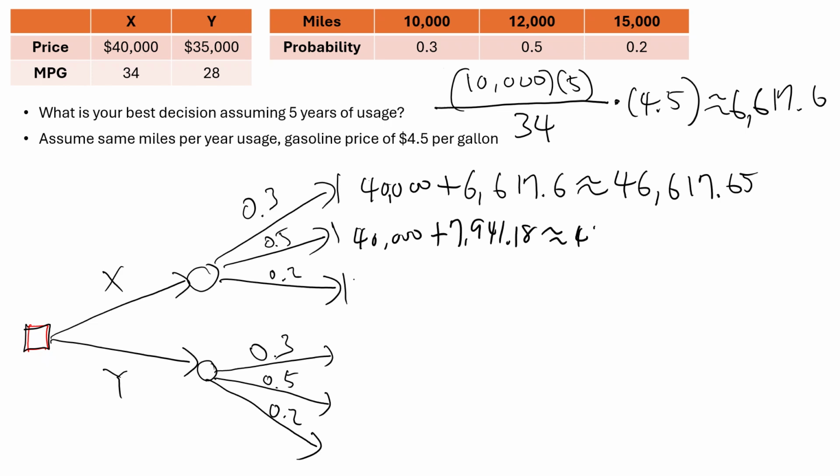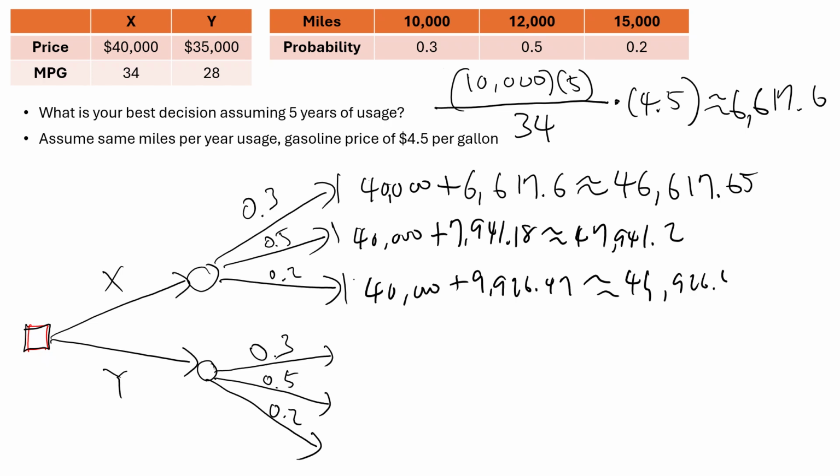So 47,941.2. And then the last one, again, is 40,000 plus roughly 9,926.47, which is approximately 49,926.47.